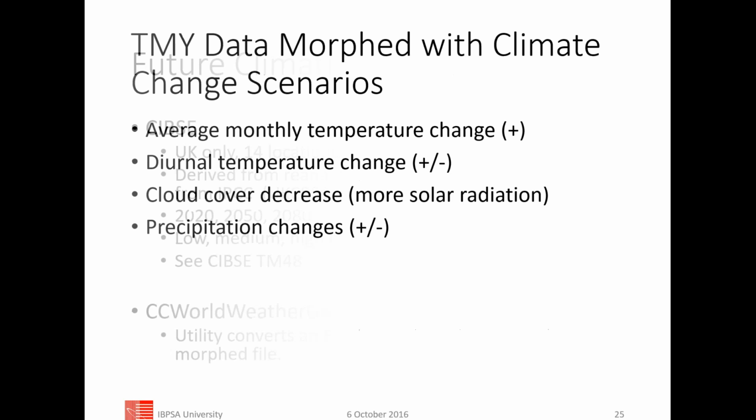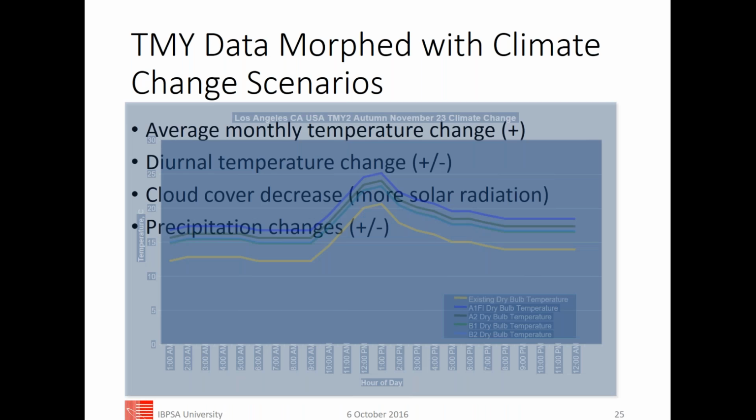So if we look at TMY data, the climate change scenarios give us average monthly temperature change. There's often a diurnal temperature change, a cloud cover decrease or increase, usually just a decrease, more or less solar radiation, then a change of precipitation and possibly cloud cover.